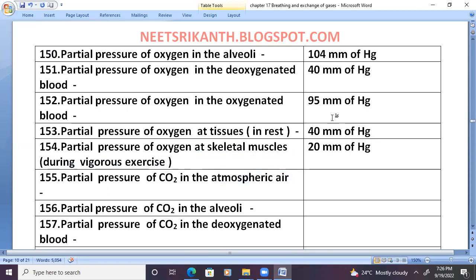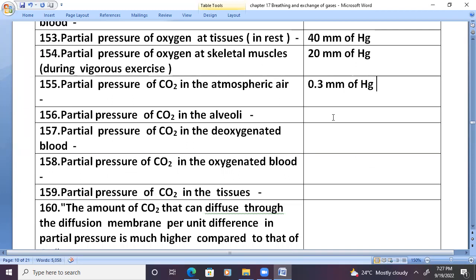Partial pressure of carbon dioxide in the atmospheric air is very low, 0.3 mm of Hg. In the alveoli, it is 40 mm of Hg.